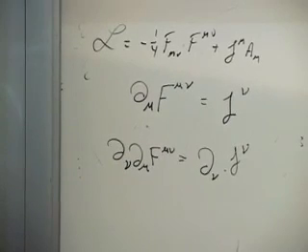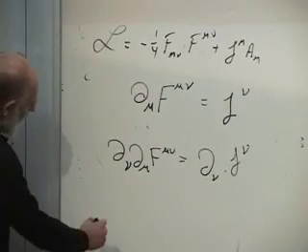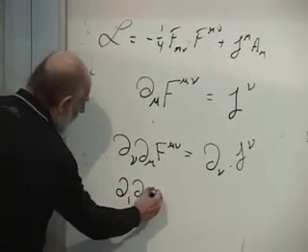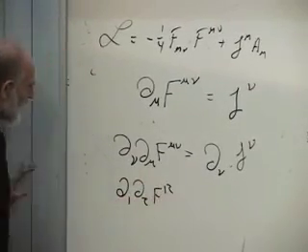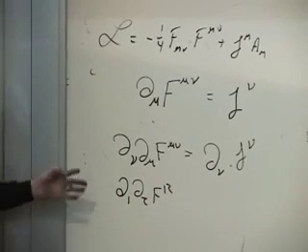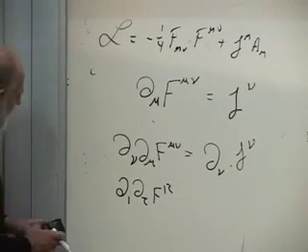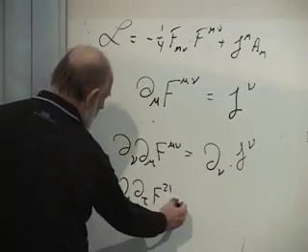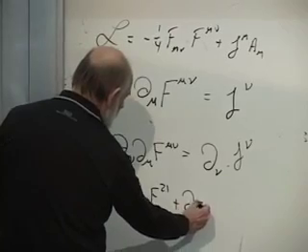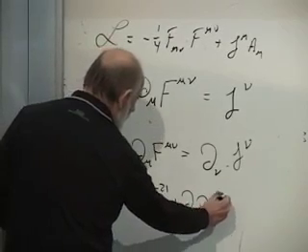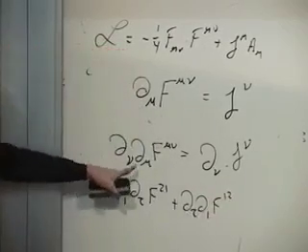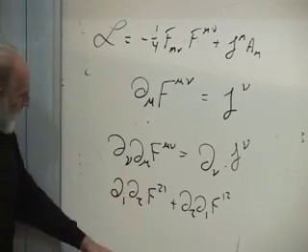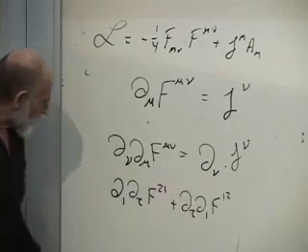0. It's 0, because it contains things like d1, d2, F12, I guess F21. But it also contains d2, d1, F12. When I sum over mu and nu, I get things like d1, d2, F21 and d2, d1, F12.